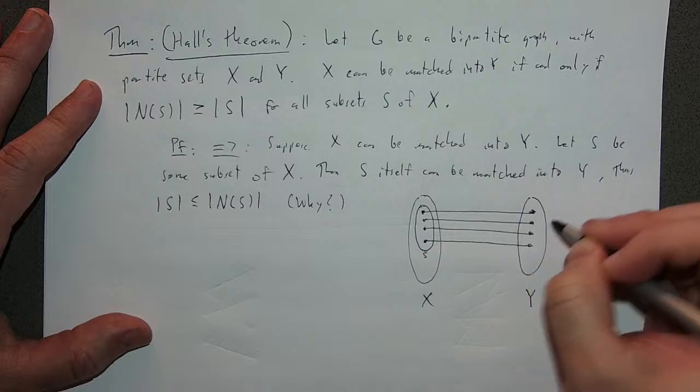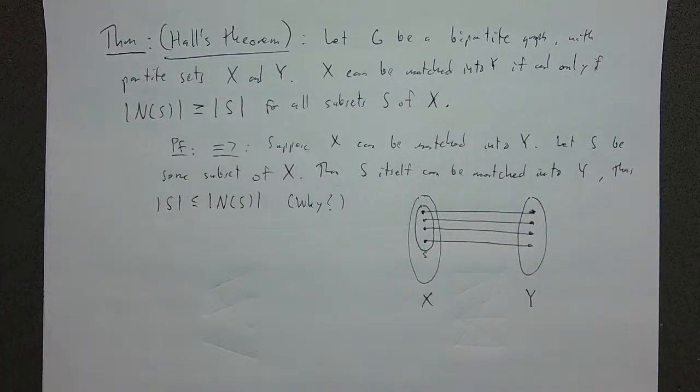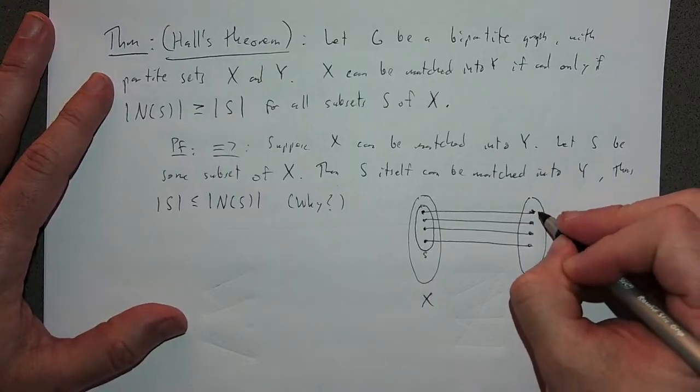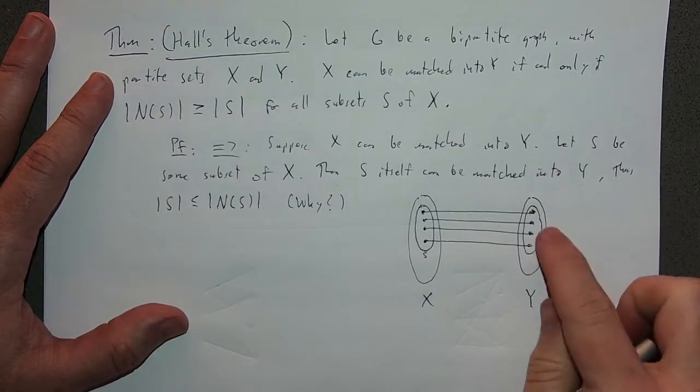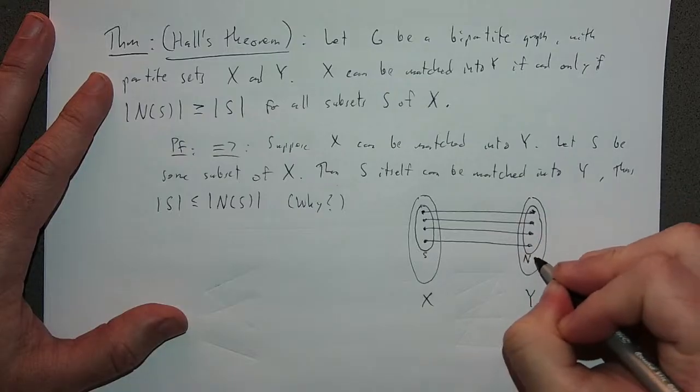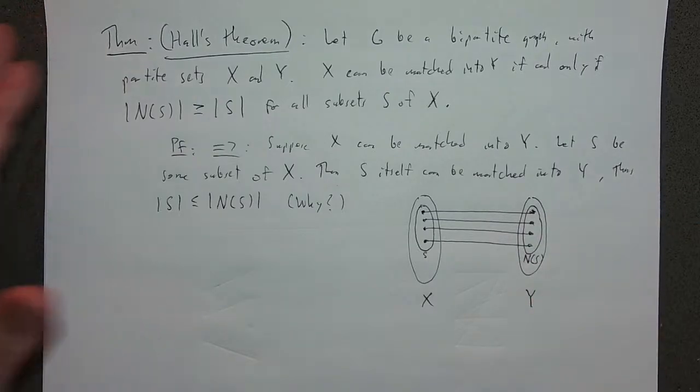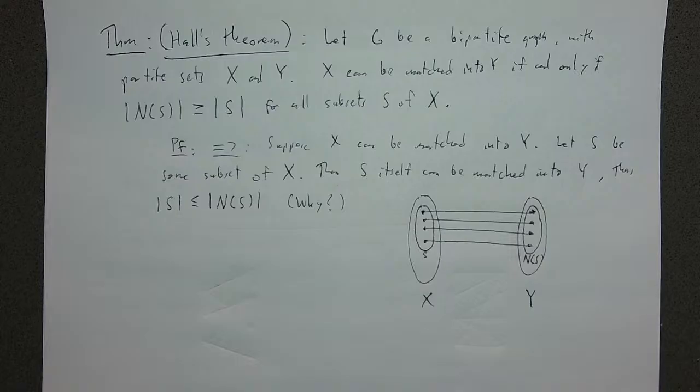Now, because of how partite sets work, whatever these vertices are, they are a subset of the open neighborhood of S.